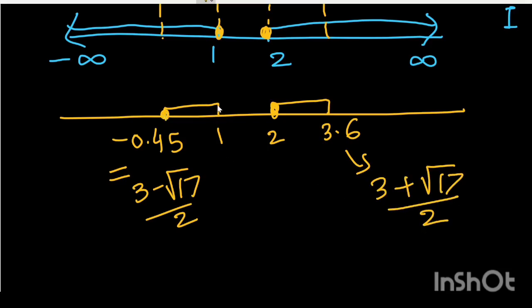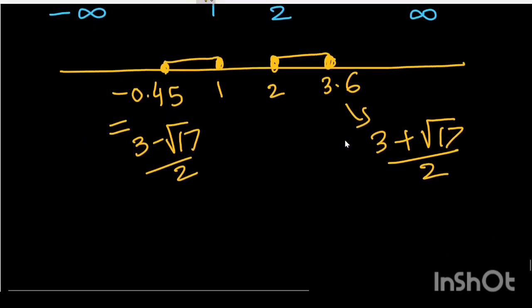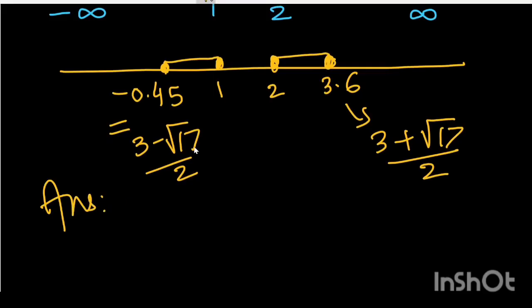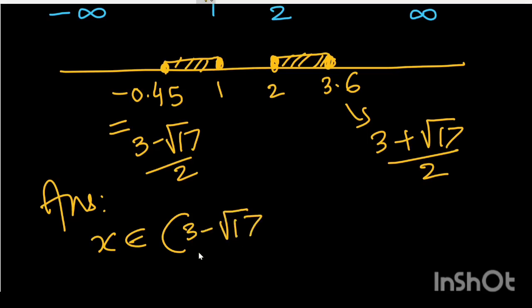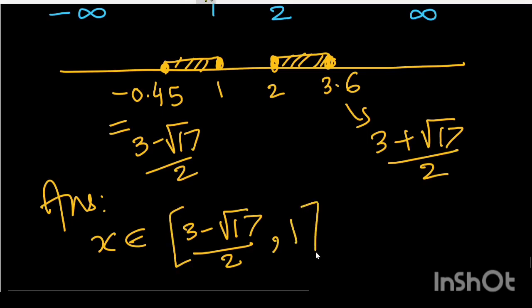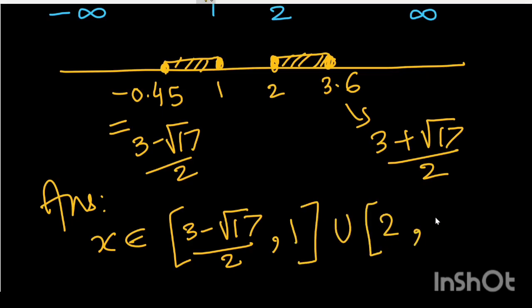Here also they will be included, all will be included, guys. So the answer is x belonging to square bracket 3 minus root 17 by 2, comma 1, square bracket closed, union square bracket 2 to 3 plus root 17 by 2, closed.